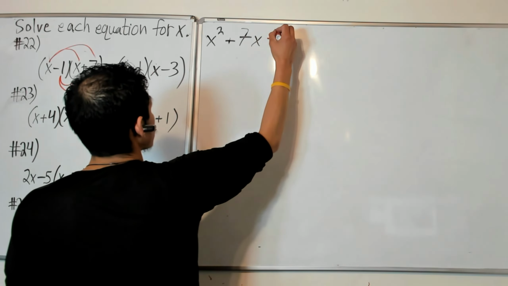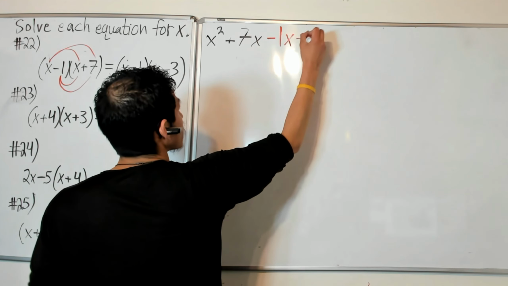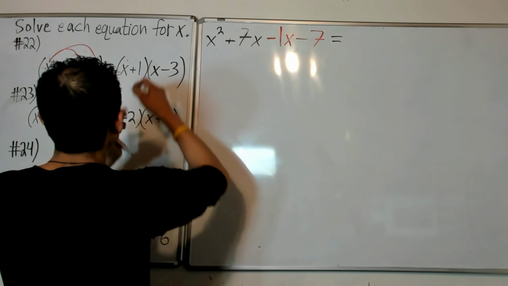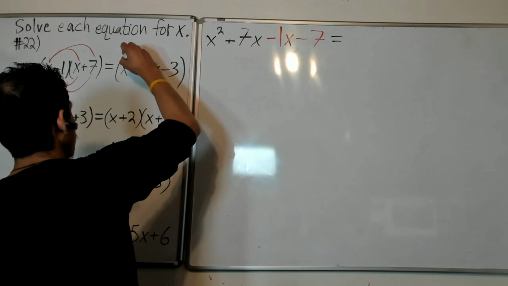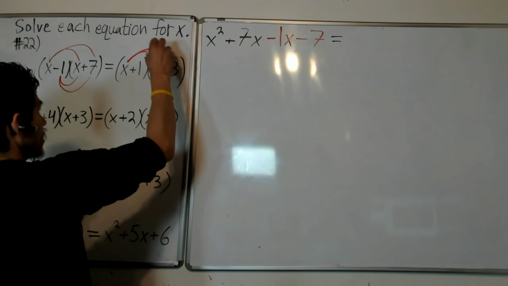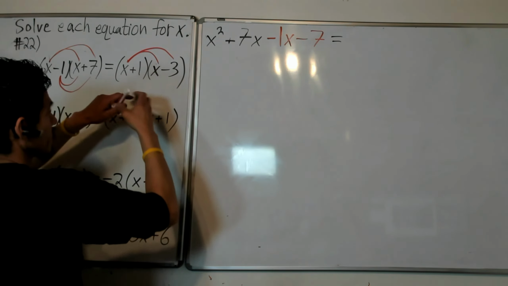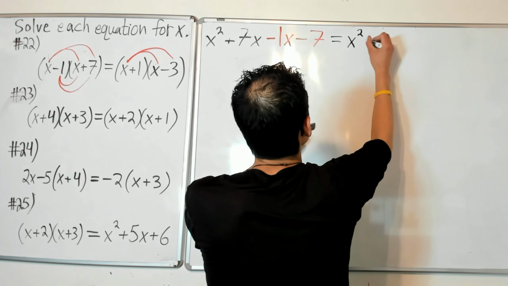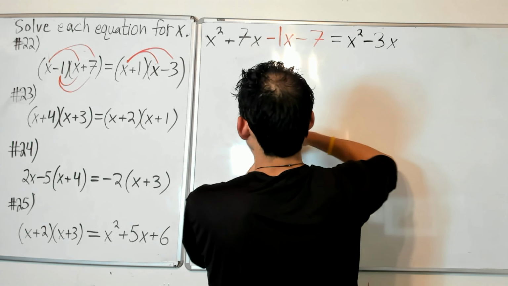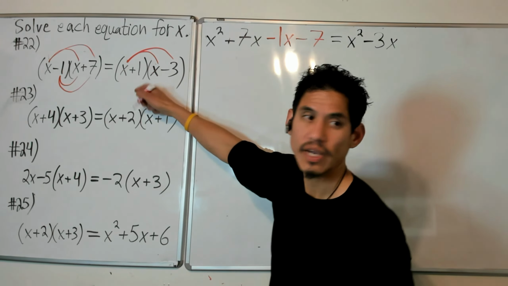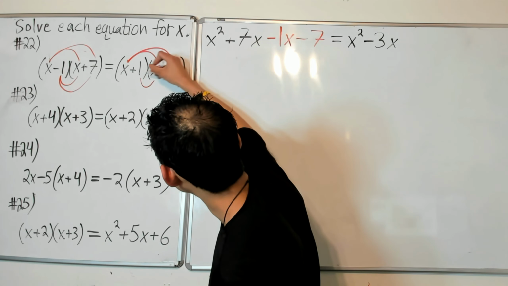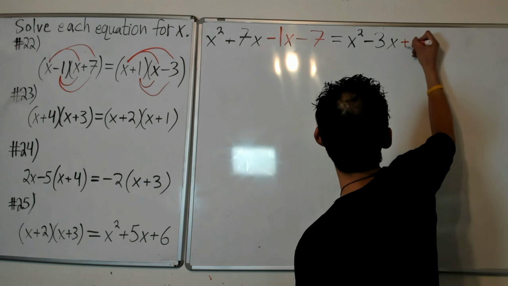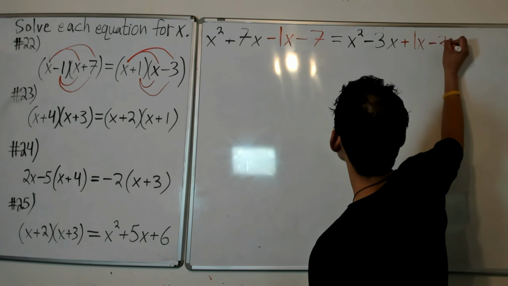So I have -1x minus 7, and I'm going to set that equal to, on the right side, this x times x, this x times -3. So I'm going to get x squared minus 3x. And then likewise, 1 times x, 1 times -3. So I'll have plus 1x minus 3.